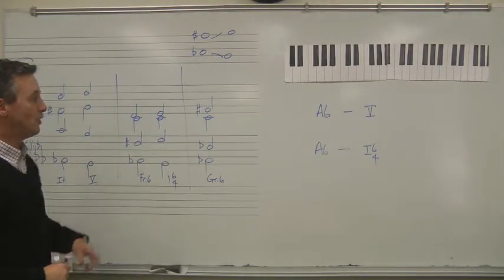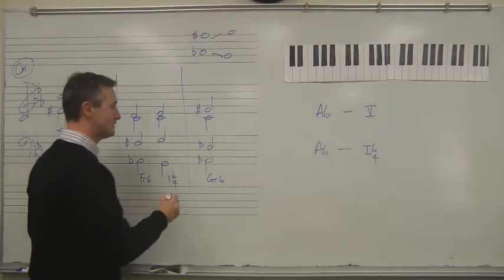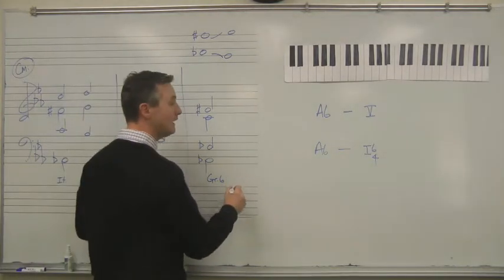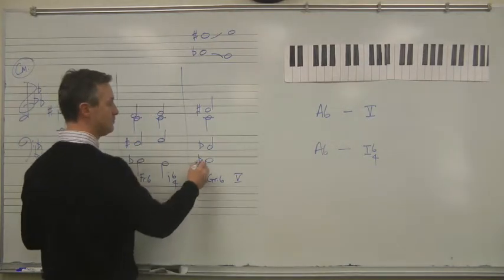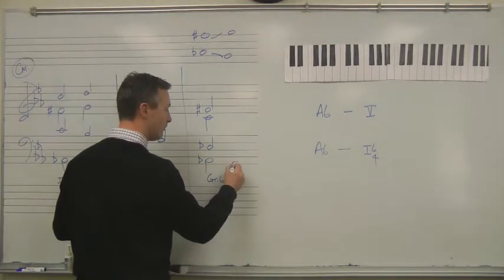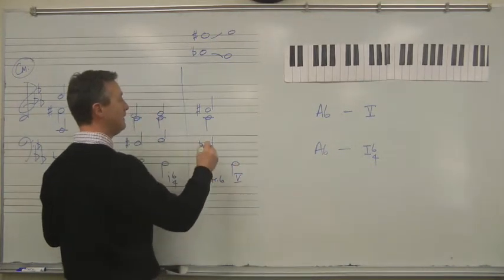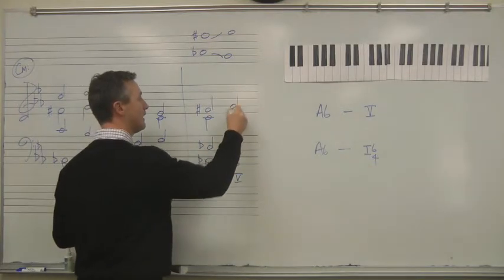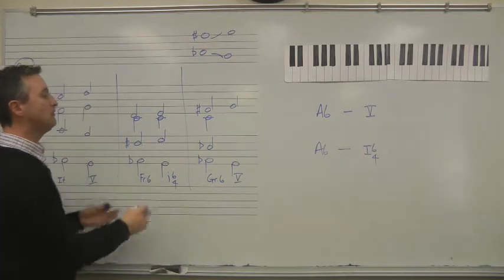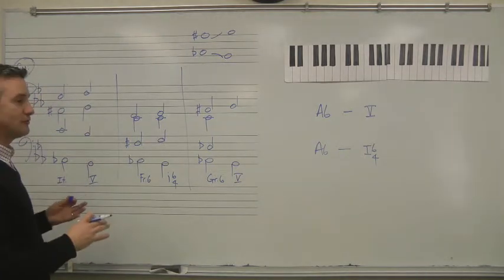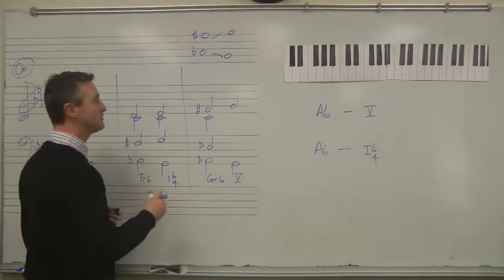This is an interesting one, because if we take the German augmented 6 and we decide to go to a 5 chord, the logical thing to do is move, again, we move the augmented 6 down and up to create the dominant note, to get to the dominant note. And then if we're moving to a 5 chord, we will move everything else according to good voice leading principles.